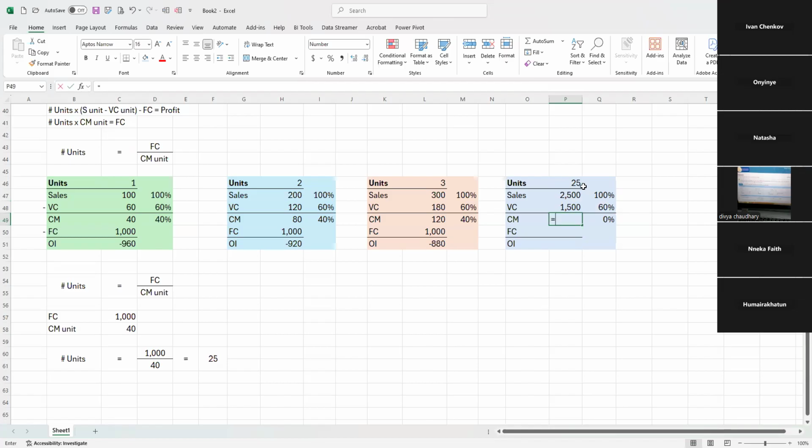How much is my contribution margin now? 25 times 40, 1,000. Is that how much I want it to be? Yes. Why? Because my fixed costs are fixed costs. Where is my operating income now? 0. Exactly where I want it to be, correct? Correct.